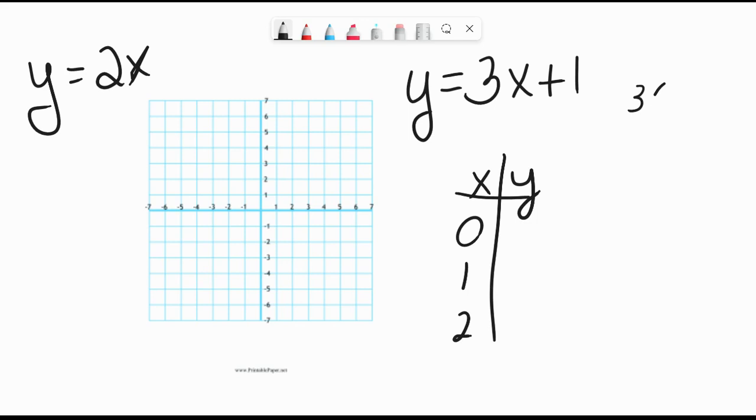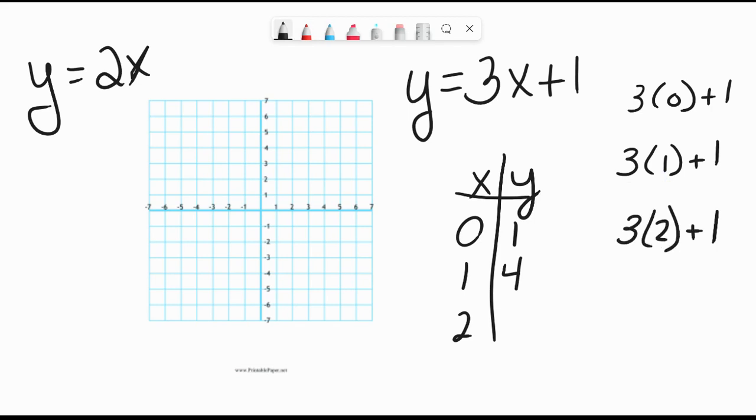And if I plug in 0, I get 3 times 0 plus 1. That's going to give me positive 1. And if I plug in 1, I get 3 times 1, which is 3, and 3 plus 1 is 4. And then I'm going to plug in 2, and I'm going to get 6 plus 1, which is 7.